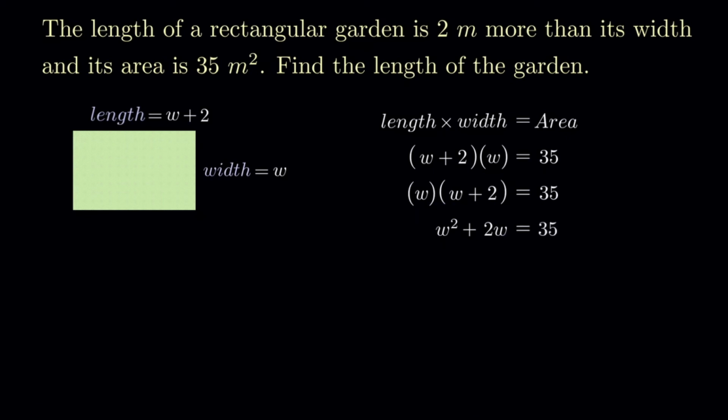Okay? Next, gusto nating naka-standard form yung quadratic equation natin. So, ililipat natin yung 35 sa left side. So, we now have W squared plus 2W, 35, lipat sa kaliwa. So, negative 35. Equals, anong ilalagay sa kanan? We have 0.